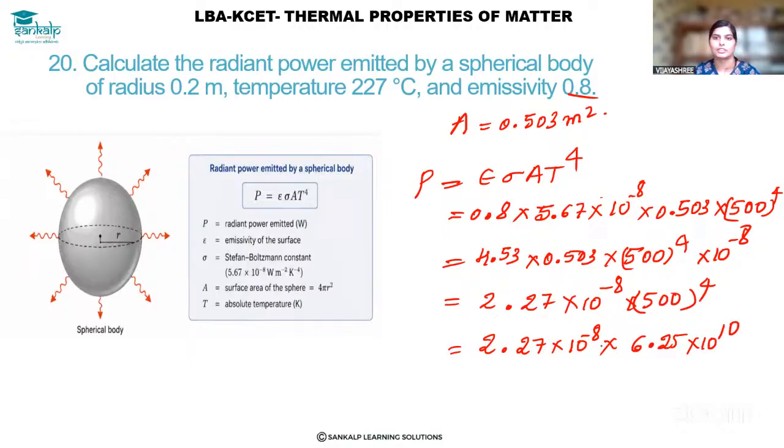Now simplify: 6.25 into 2.27, just a minute, it should be 14.18 into 10 to the power 10 into 10 to the power minus 8, which is equal to 1418.